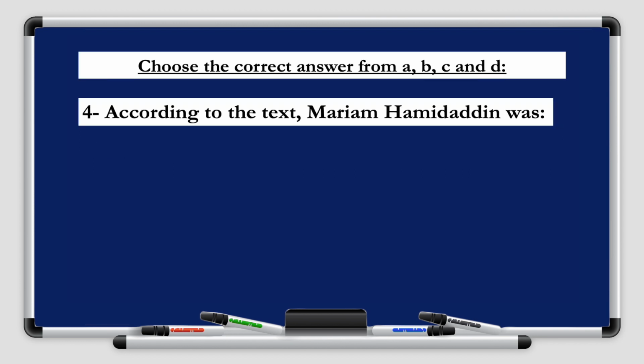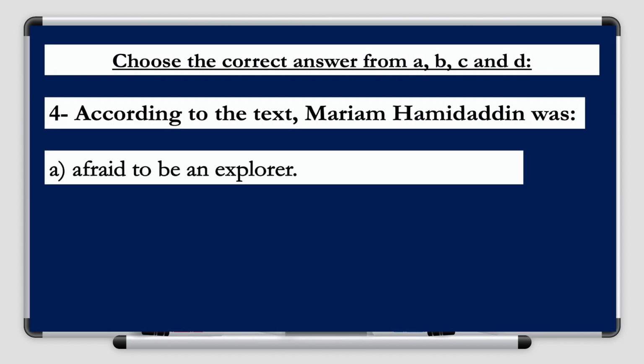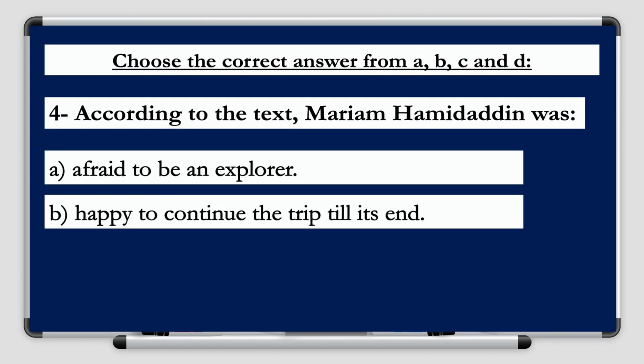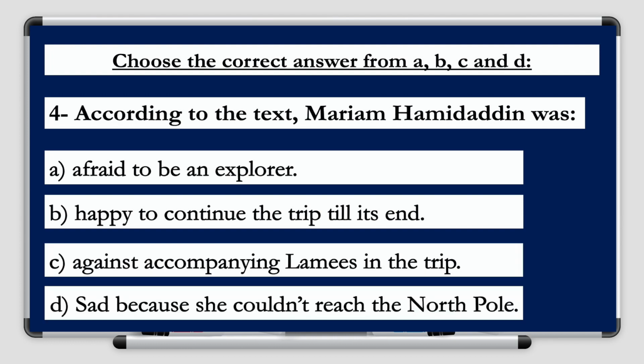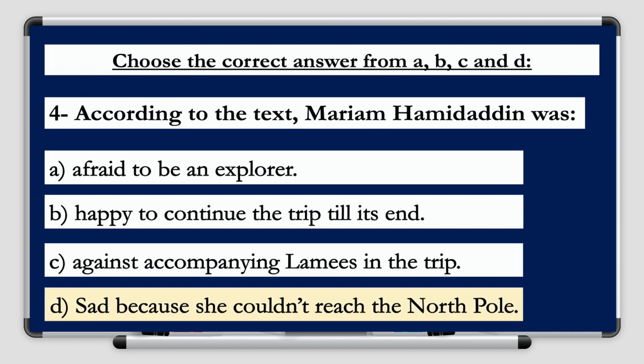Question number 4. According to the text, Maryam Hamid ad-Din was afraid to be an explorer, happy to continue the trip till its end, against accompanying Lamis in the trip, or sad because she couldn't reach the North Pole. You have to read the whole text to understand the text and then answer this question. The answer for this question is sad because she couldn't reach the North Pole, because she had an injury.